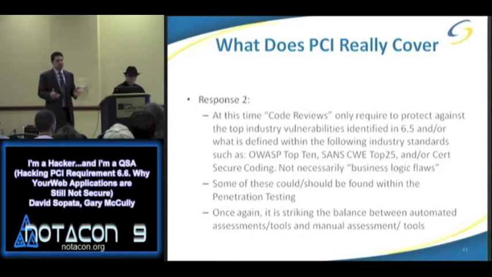When PCI wrote the PCI DSS, they wrote it based on a risk-based approach. So they kind of figure out the risk for you, so to speak. When you implement these controls, you implement those controls or you're not compliant. That's the way PCI works. You're either compliant or you're not compliant. If you don't meet all of them, you're not going to become compliant.